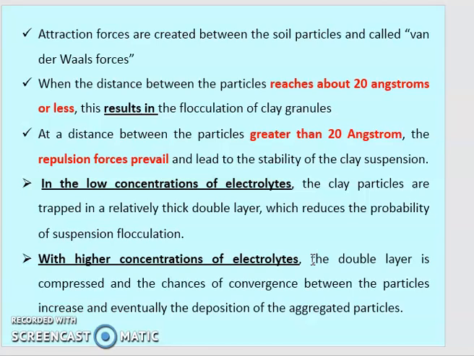If you put some salt, then the electric double layer will be compacted, and consequently the distance between particles will be less than 20 angstrom, and aggregation and flocculation will be conducted.